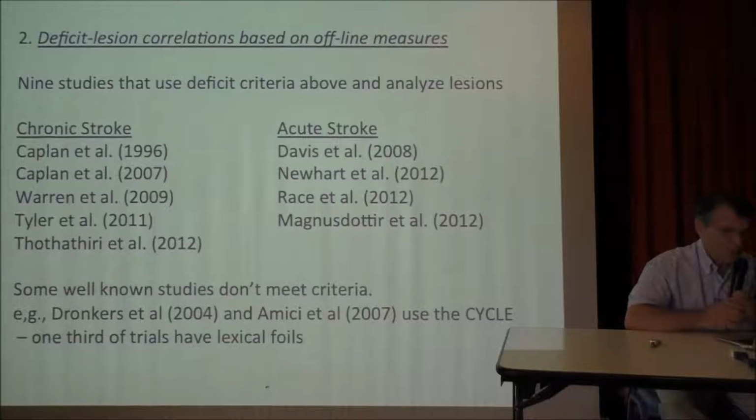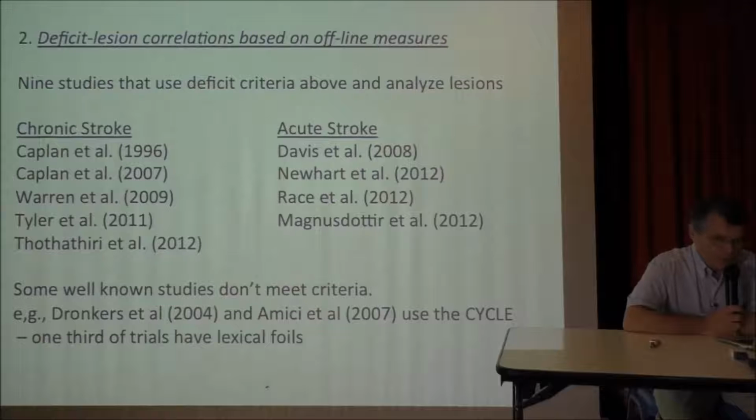I'm just going to mention that several well-known and frequently mentioned studies don't meet these criteria. For instance, there's a paper by Dronkers and another by Amici in 2007 that use reasonably sophisticated analyses of lesions, actually not even that sophisticated, but they use the cycle as the measure of syntactic comprehension.